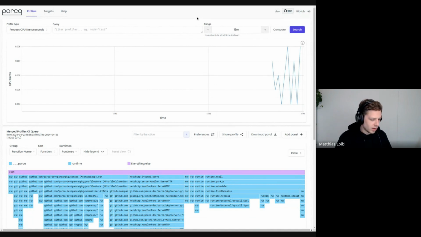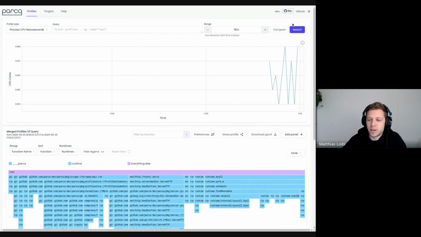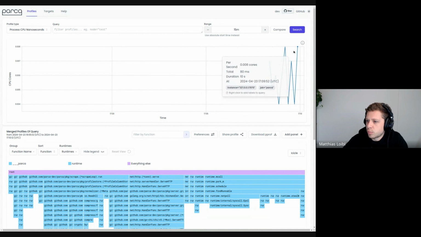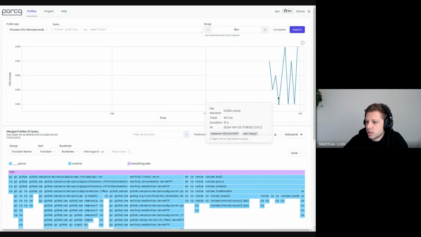So I've also been working on some profiling stuff in the last week, which has been super fun. You can see already, for 3 to 6 months, we are showing the per second CPU cores in the metrics graph. So you can see 0.00 cores per second, 0.8, whatever.